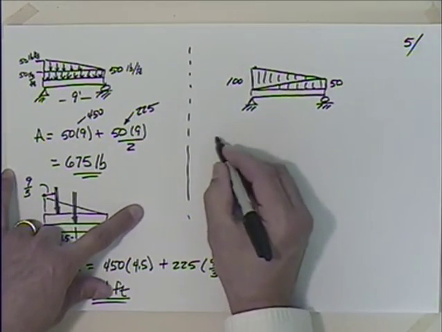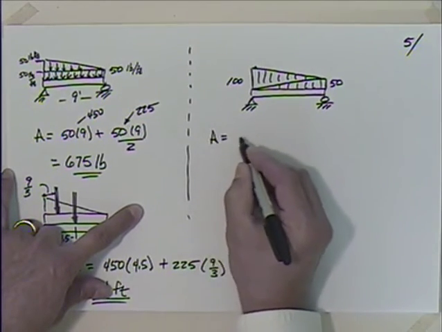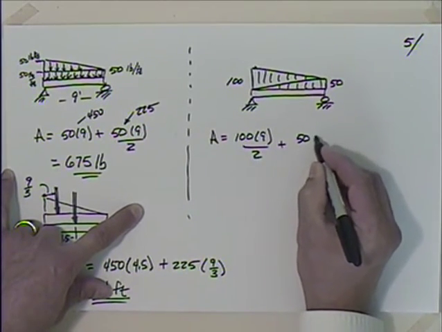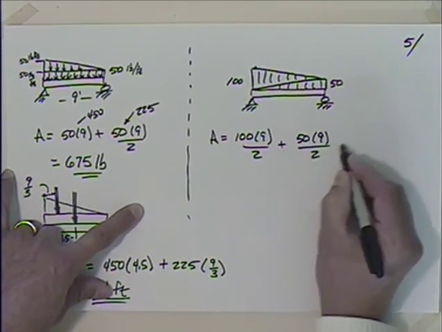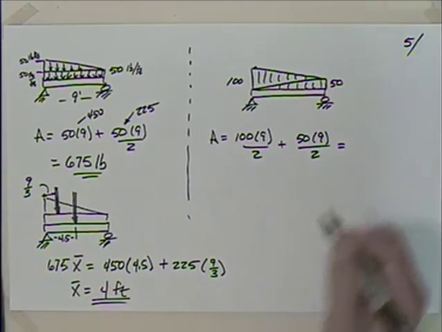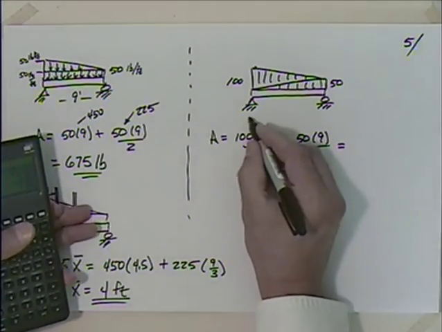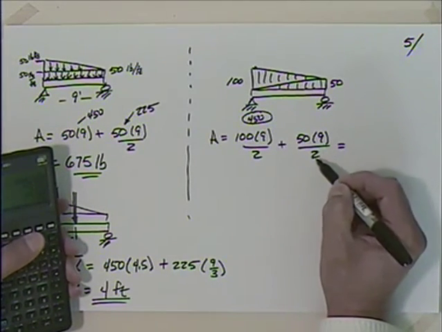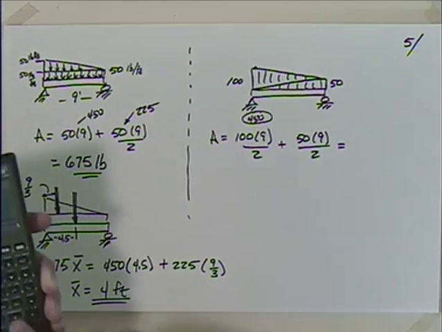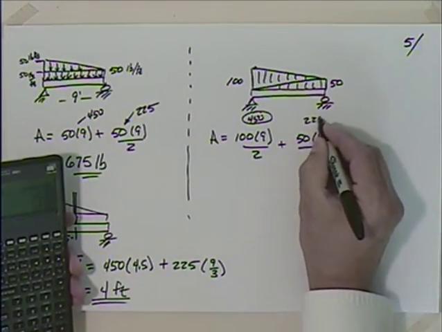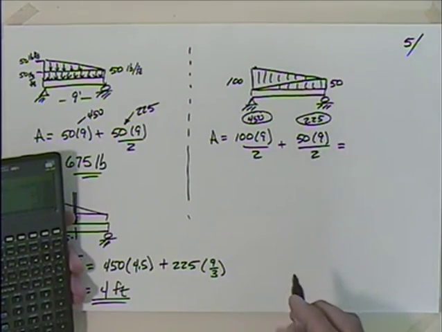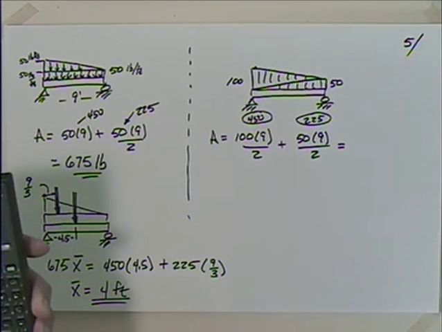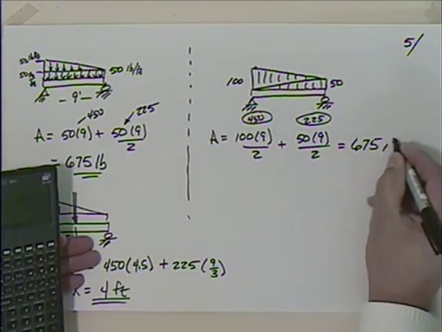And again, I could say that the area is going to be 100 times 9 divided by 2 plus 50 times 9 divided by 2, which gives me what? Again, this is 450, and this is 225. So 675. That works.